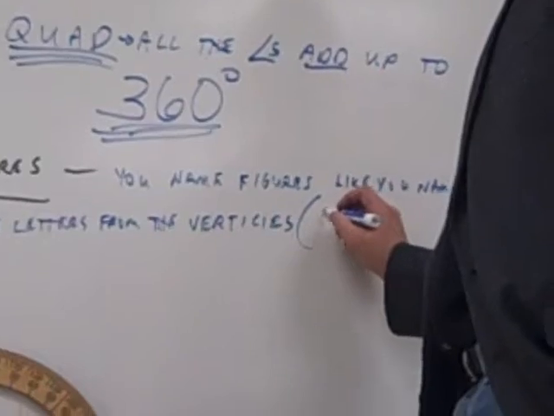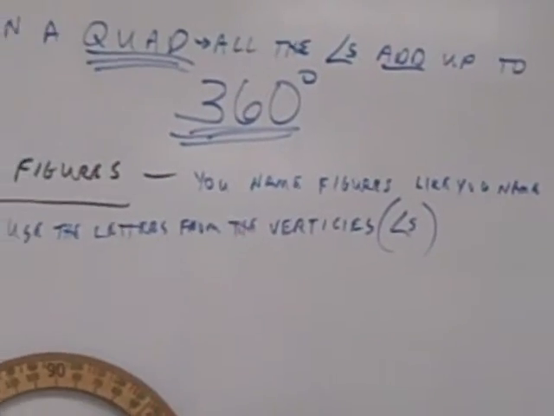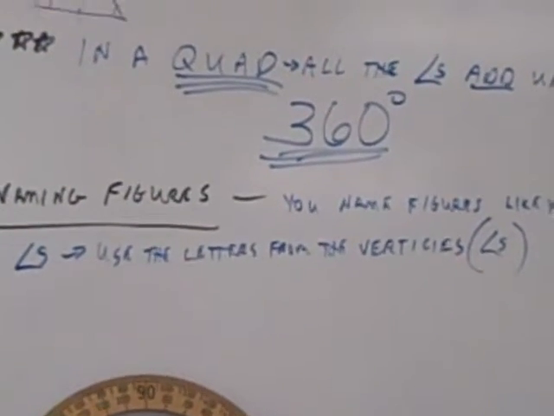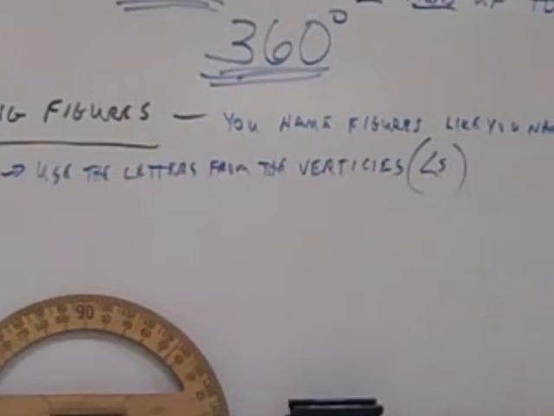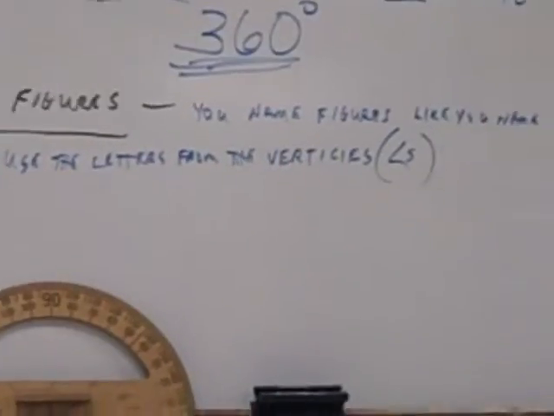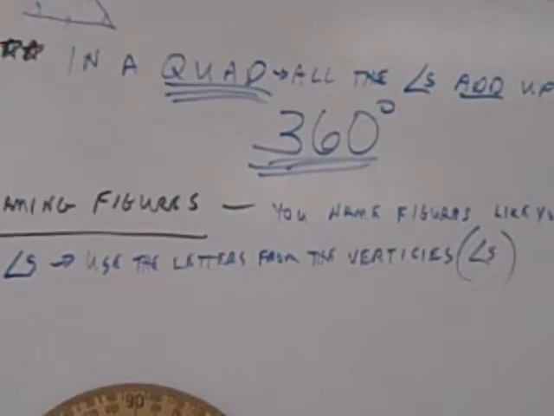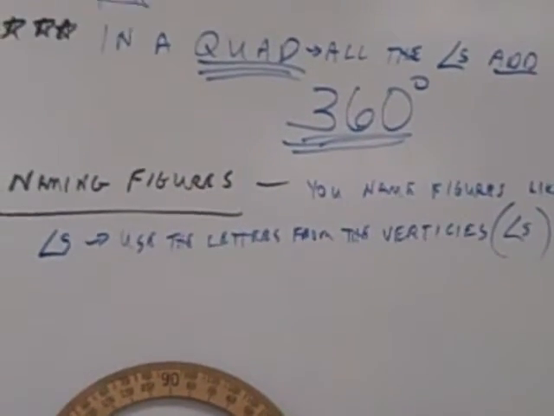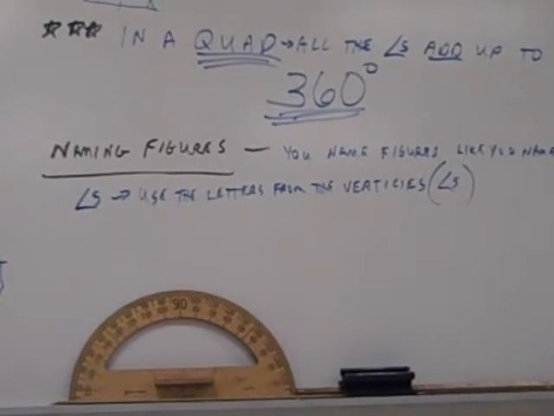And what's the vertices? The angles, the corners. Whew. Quadrilaterals, polygons, and naming them. A little bit about 360.